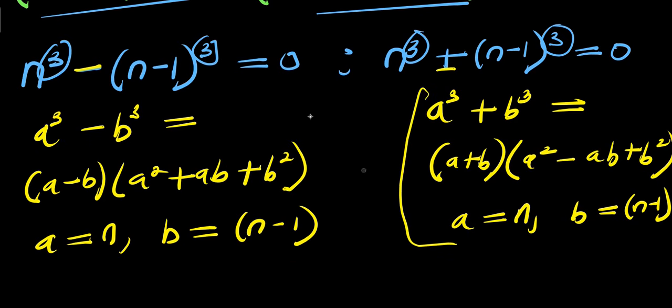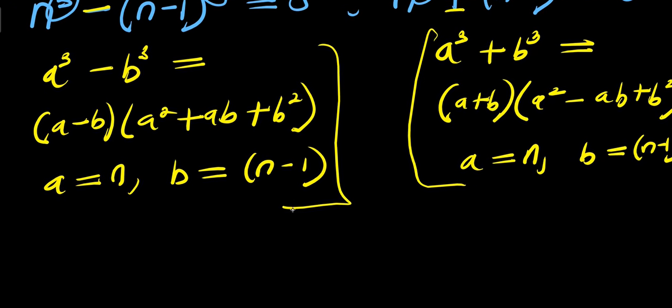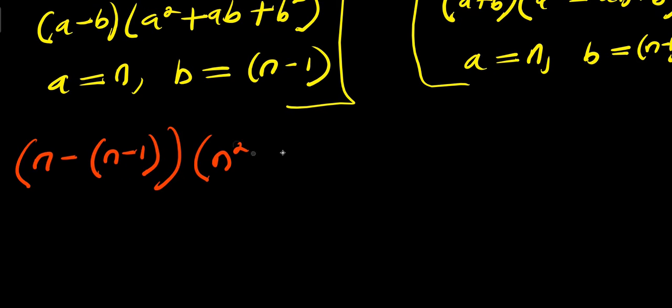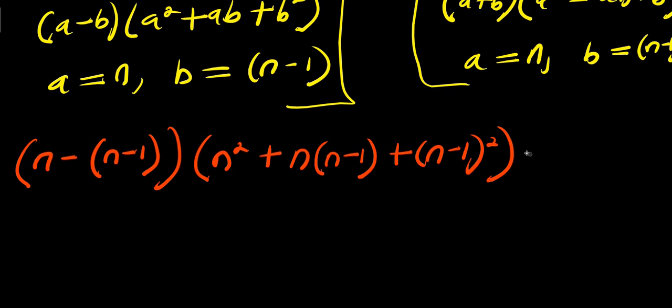These are the two identities that we are going to use for each of these equations. Let's start with the first one here. This is a − b, and our a is n, so we have n − (n − 1), times n^2 plus ab, which will be n(n − 1), plus b^2, (n − 1)^2, and this equals 0.